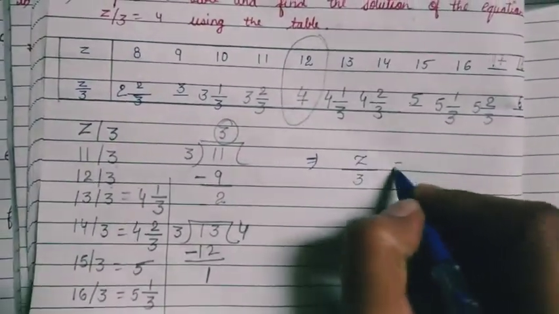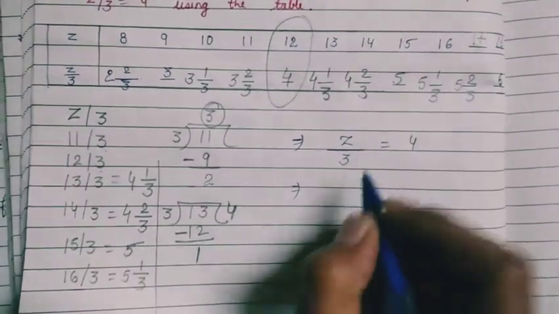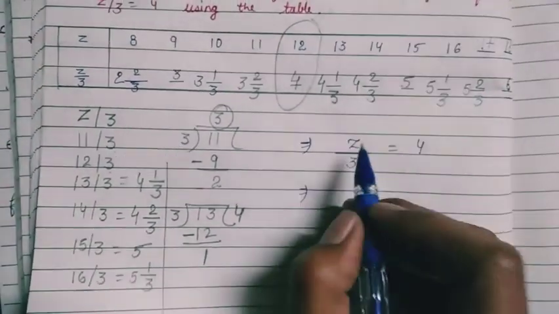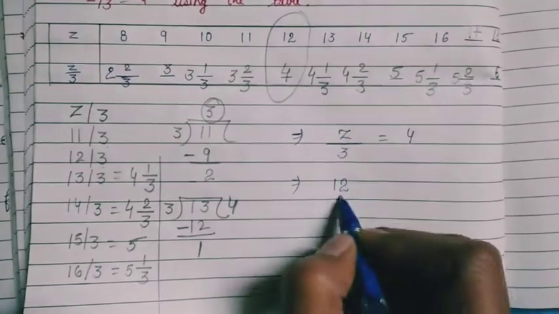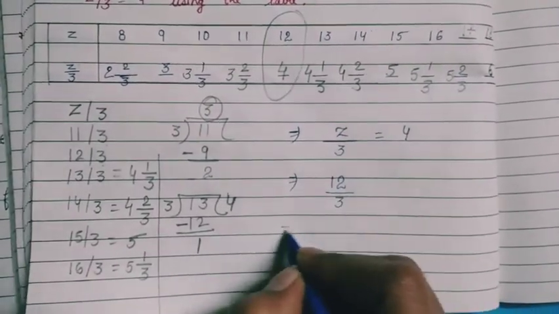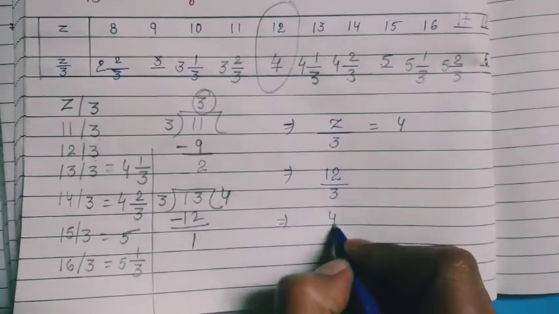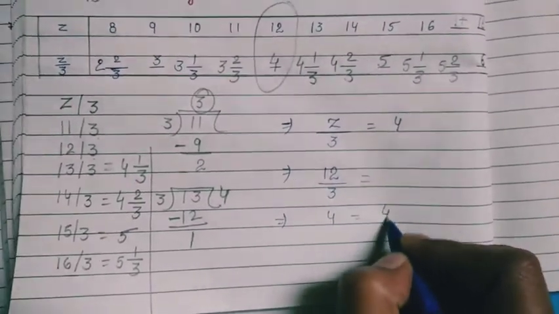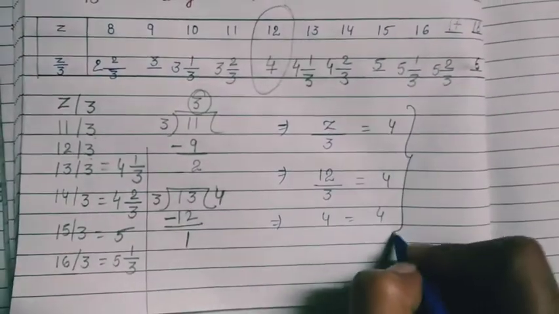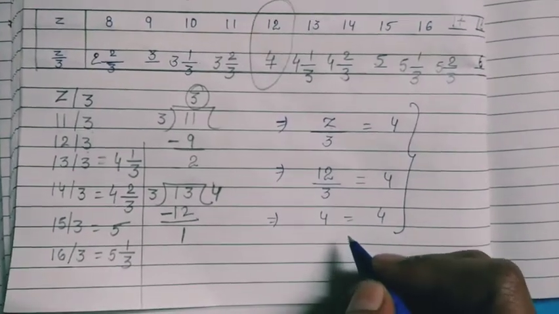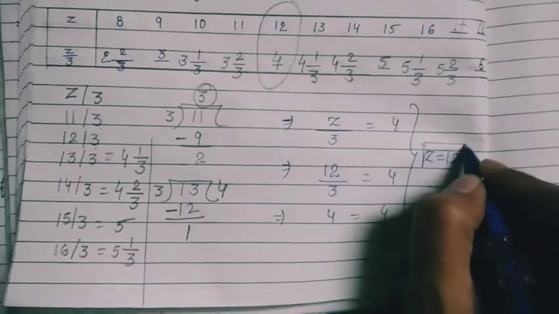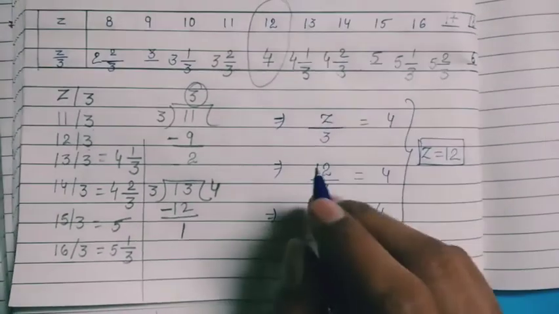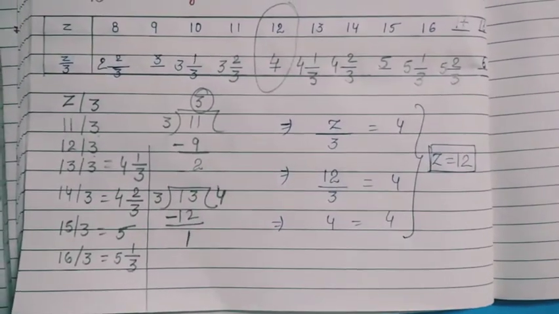When the z value is 12, and 12 is divided by 3, it will give us 4, which is exactly equal to the right side of 4. It means the z value is 12, which is the solution of the equation.